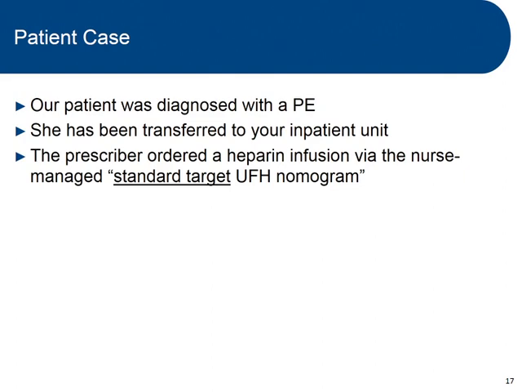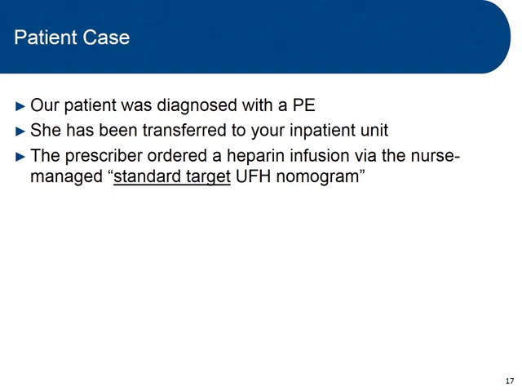For the nurse-managed heparin, they have multiple nomograms. Those different nomograms could be ordered based on patient-specific variables, such as indication, such as bleeding risk. So, lots of things will go into which specific nomogram would be ordered. At Hopkins, they have the low target nomogram, the standard target nomogram, the high target nomogram, and the post-surgery nomogram.